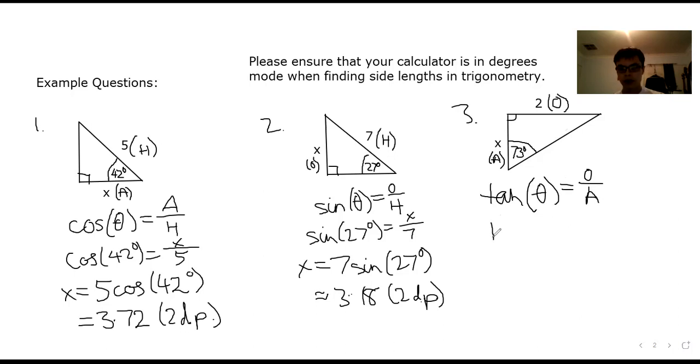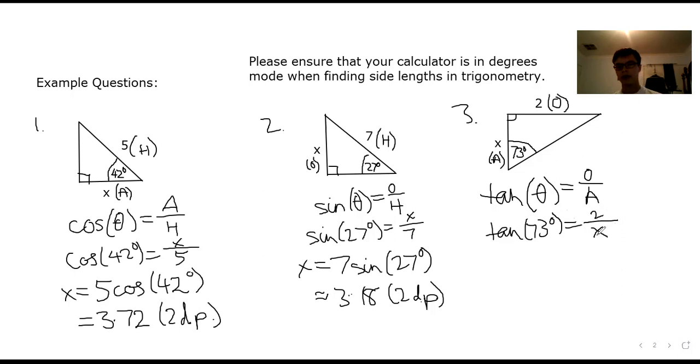And then plugging our values in, we have tan 73 degrees equals 2 over x. So this one is a little bit different, but it's not too tricky. It's just that we have x for our denominator instead of our numerator.